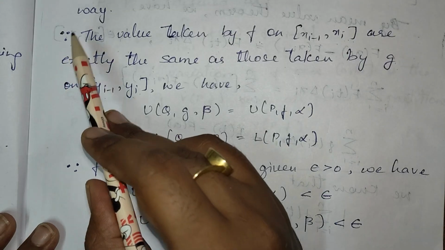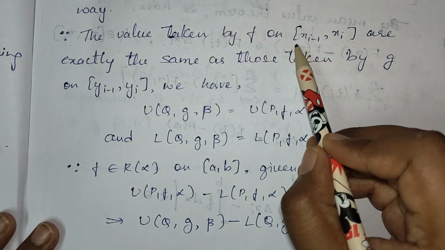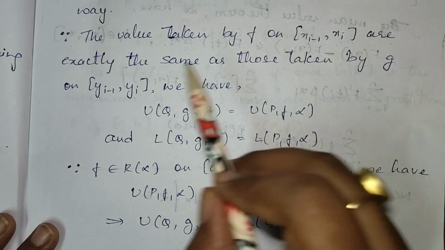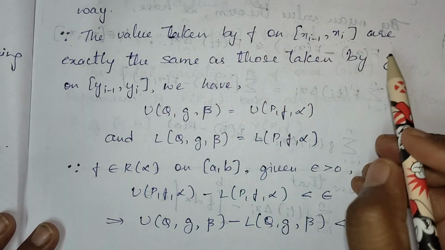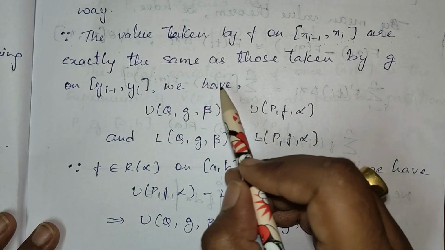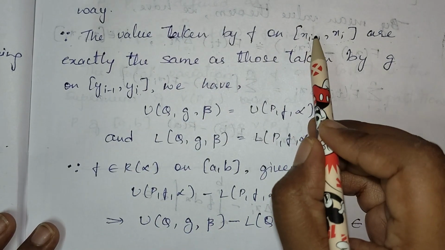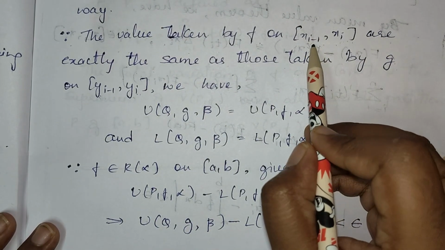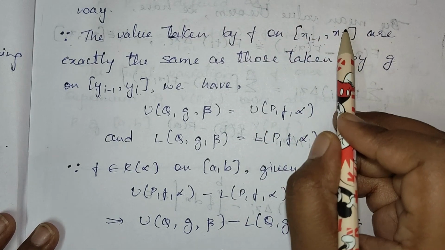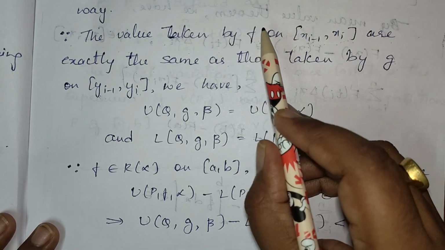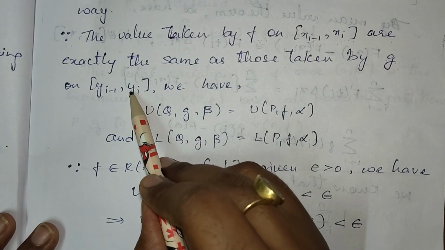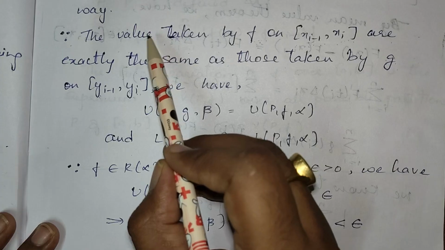Since the values taken by f on the closed interval x_{i-1}, x_i are exactly the same as those taken by g on the closed interval y_{i-1}, y_i, we have, see here, this is already given in the data, that is f of phi of y, which means f of x, is equal to g of y. That's already given in the data, so it's another form of expressing that.